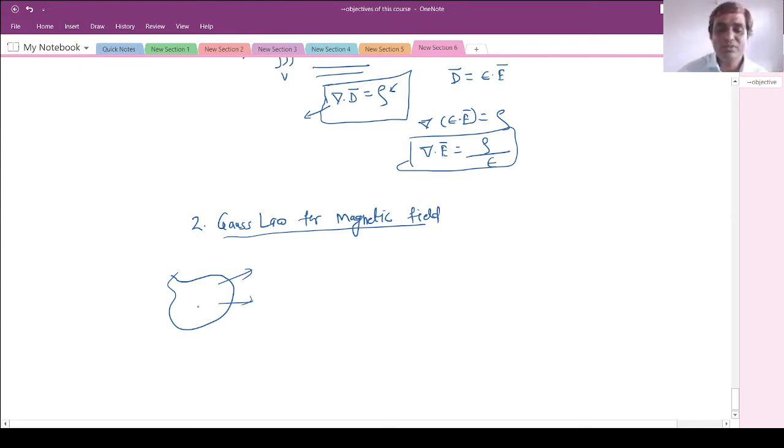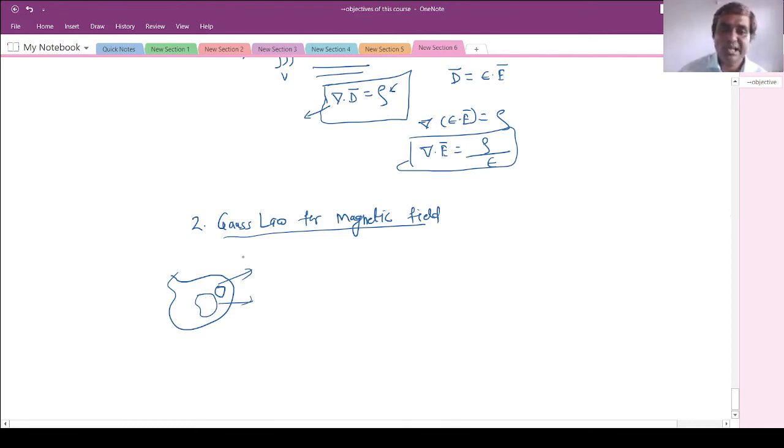We know that there are no isolated magnetic poles, south and north, but magnetic poles are found in pairs. So no matter what volume I take, I will always have an equal number of north and south poles. So the net magnetic charge inside the surface will always be equal to 0. There is no net charge enclosed by the closed surface.